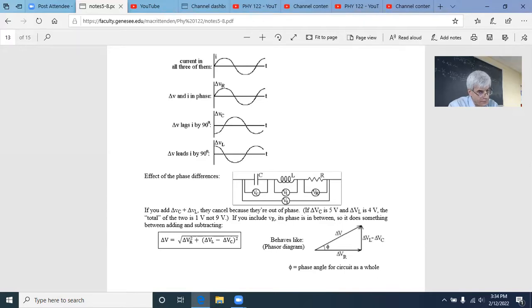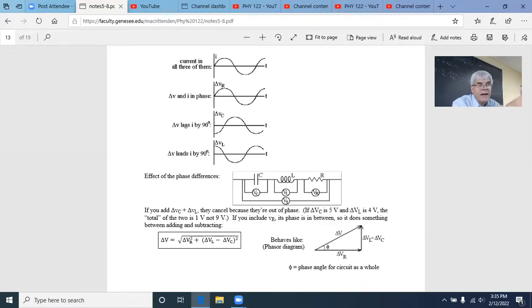Because of these phase differences, the way voltages add together is not as simple as it would be with direct current. Okay, well, let's save the resistor for last, and just for the moment think about a capacitor and an inductor in series. If you have two things in series with direct current, if there's 5 volts across one and 4 volts across the other, then the total voltage across both of them is going to be 9 volts.